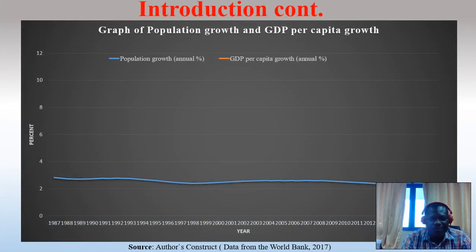This is the graph of GDP per capita on an annual basis and the population growth. One can see clearly that the population growth was around 3%. It fell somewhat and was somewhat steady, especially from 2004. It was gradually going up.